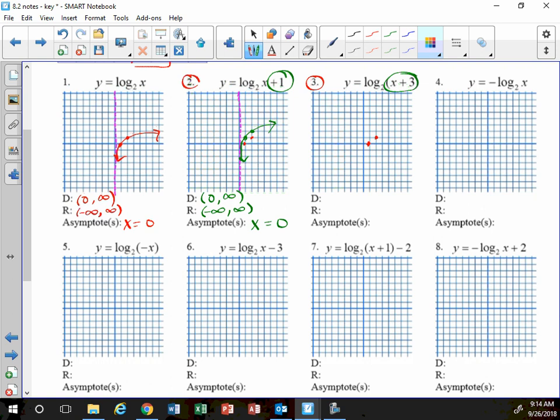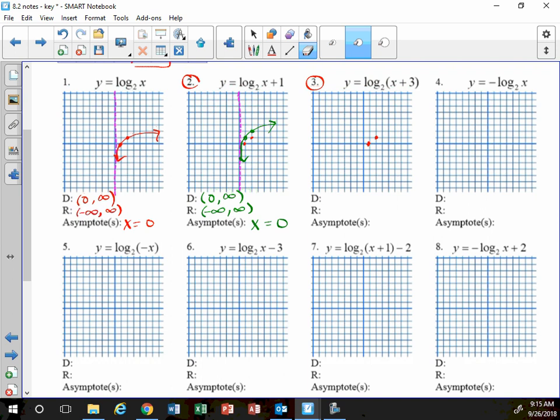So when it's with the x, it's going to go either to the left or the right. Do you see in number 2 how the +1 is not connected to the x? So that's up or down. Number 3, where it's with the x in parentheses, that makes it left or right.